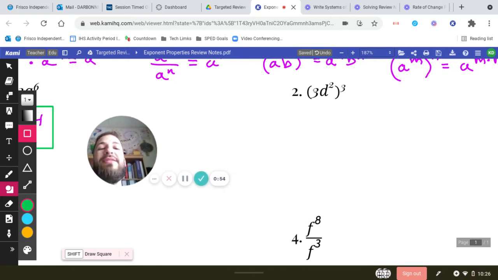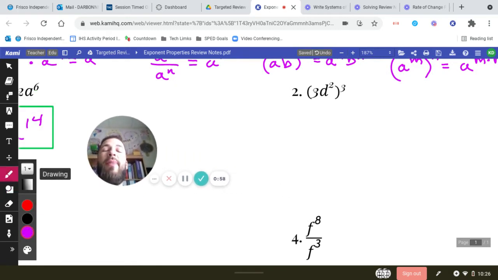Okay, let's look at number 2. So 3d squared to the 3rd. First thing I want to do, anytime I have powers to a power, so I have stuff inside parentheses all being taken to a power, anything that doesn't have an exponent, I want to go ahead and give an exponent of 1. Because that's going to help me do this multiplication. So there's two things I do here. First off, I distribute the power to both, and then because it is a power to a power, I multiply.